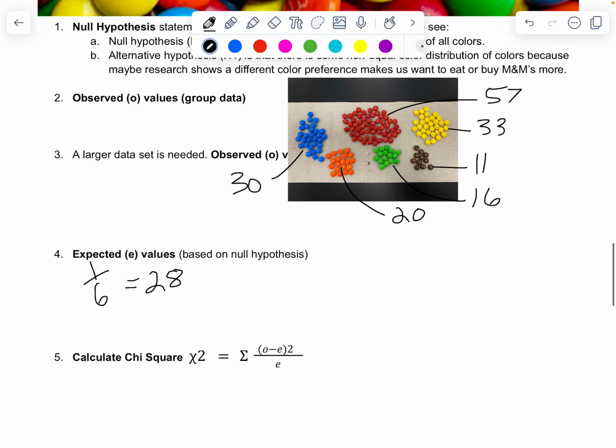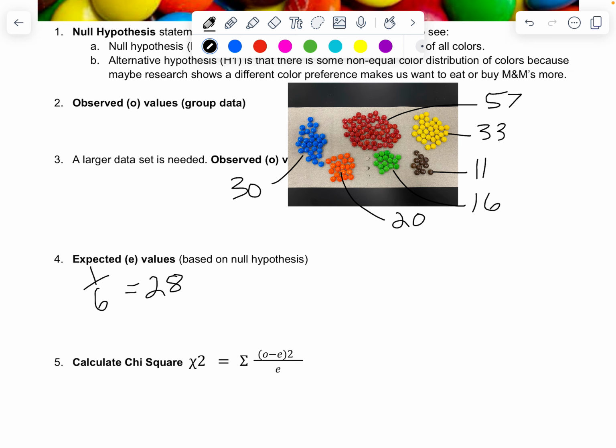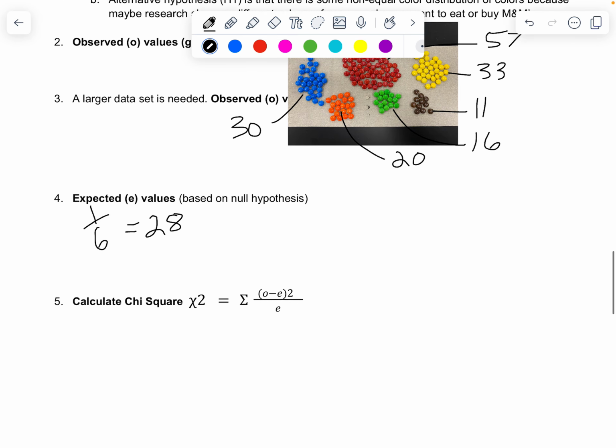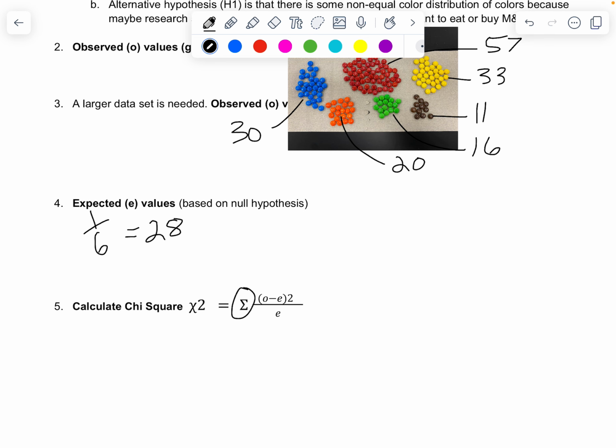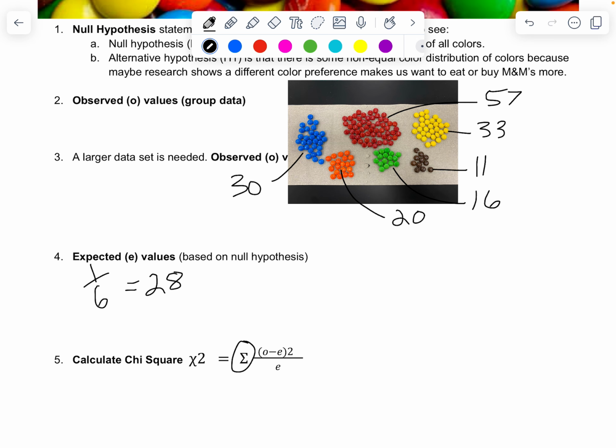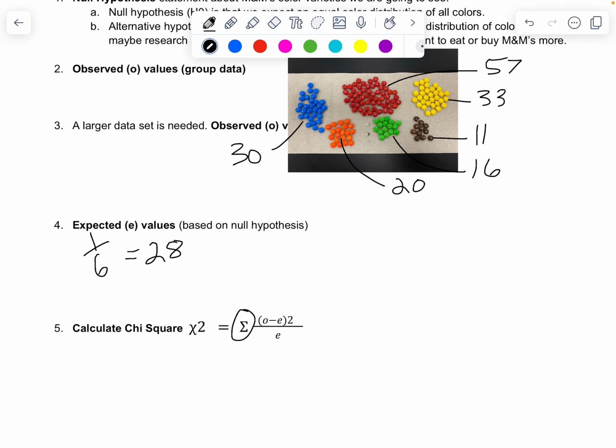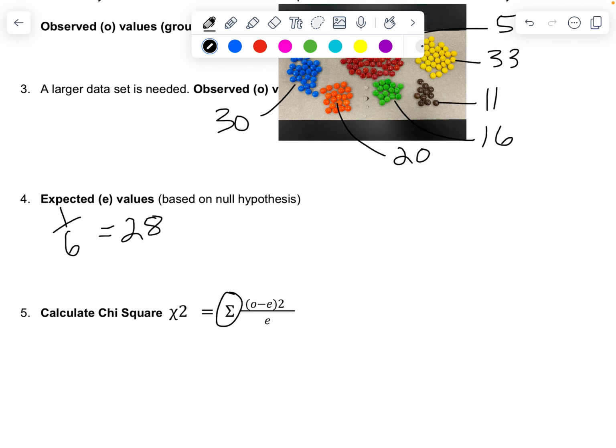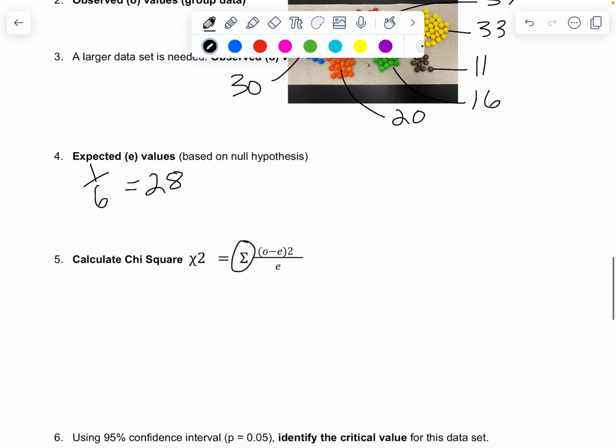So calculate the chi-square. Chi-square is observed minus expected, squared, divided by expected. And then we have this sum of all, which means that we have to do this calculation for each color variety. And there's 6 color varieties. So this is going to be done 6 times, and then you add them all up. So I'll try to write this quick so that the video doesn't take forever. Expected is going to be 28 for all of them.